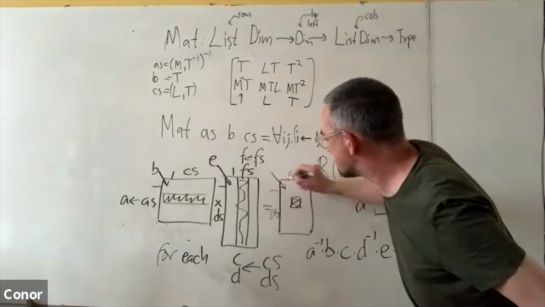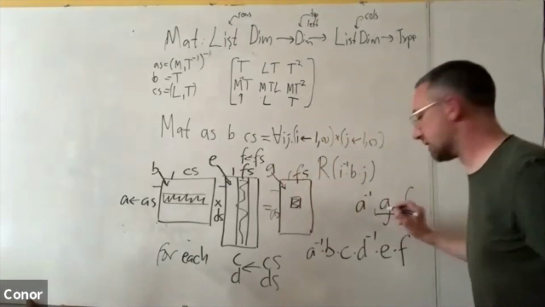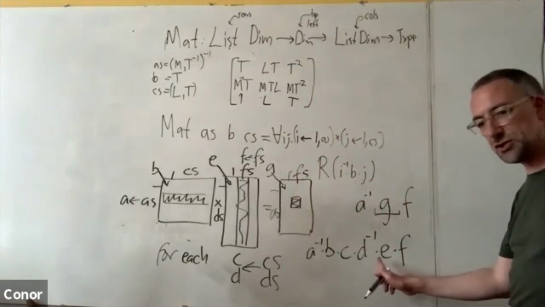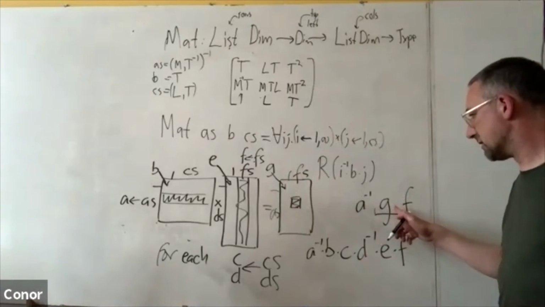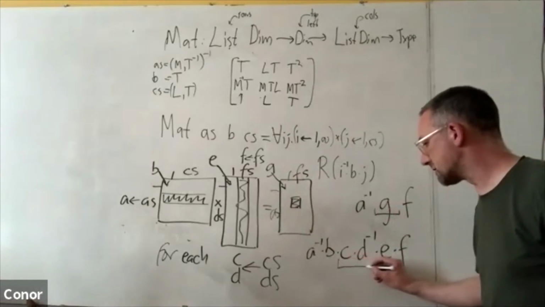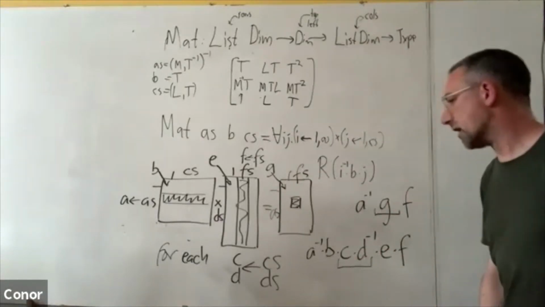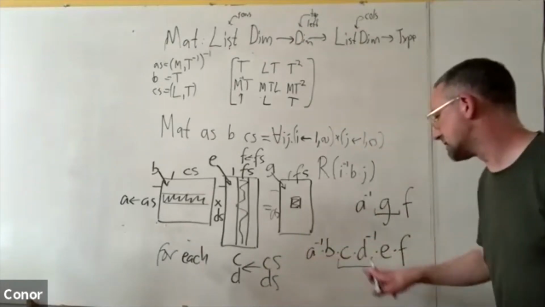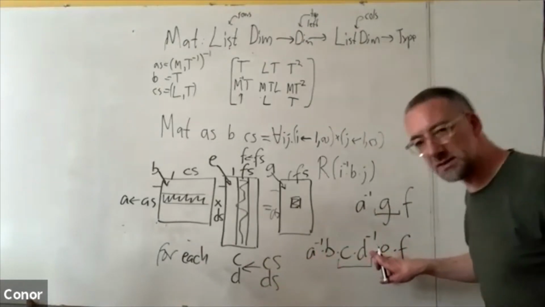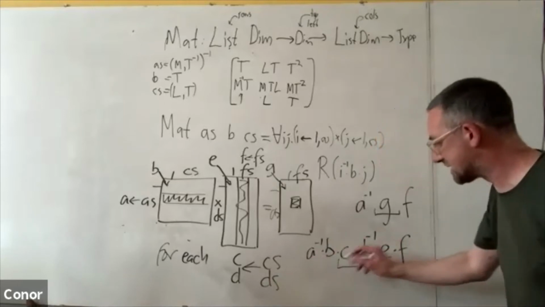And I want to pick some mystery G that goes there. So how do I make sure that there's some constant G that always works out here? I make sure that whenever I'm picking C from C's and D from D's, that D inverse is always the same as C's. I make sure that these cancel.